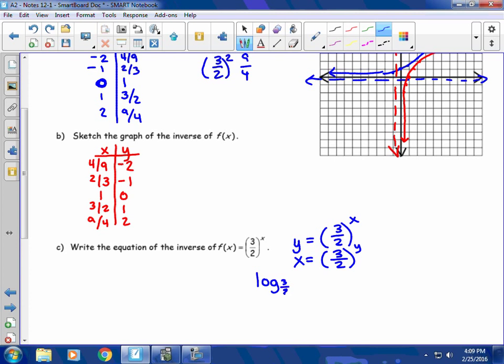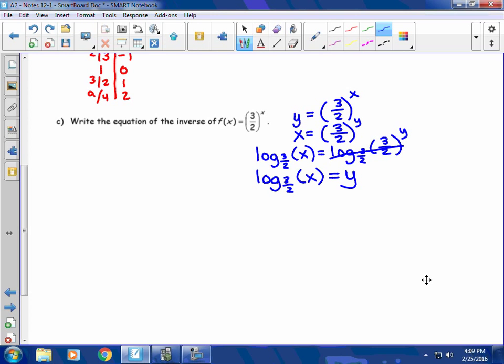Log base 3/2 of x equals log base 3/2 of (3/2) to the y. That gets that 3/2 base to cancel out. We've got log base 3/2 of x equals y. So our final answer is f inverse of x equals log base 3/2 of x.